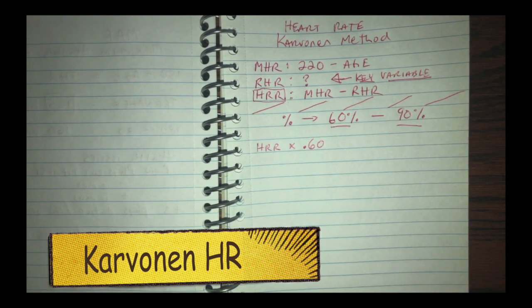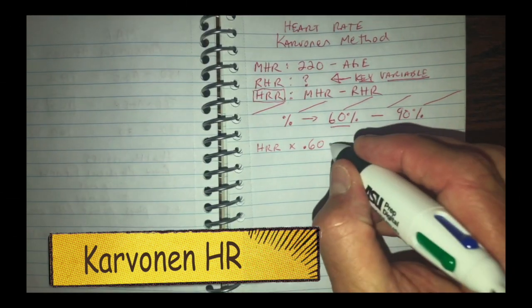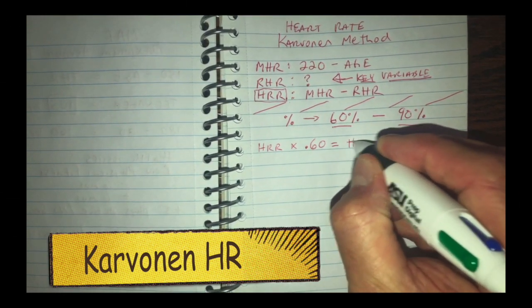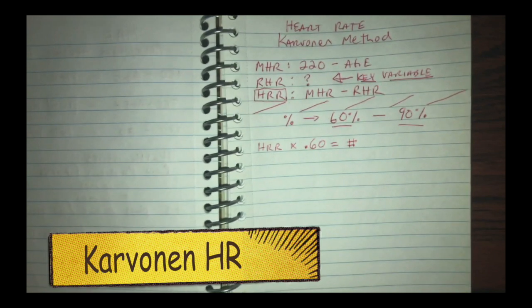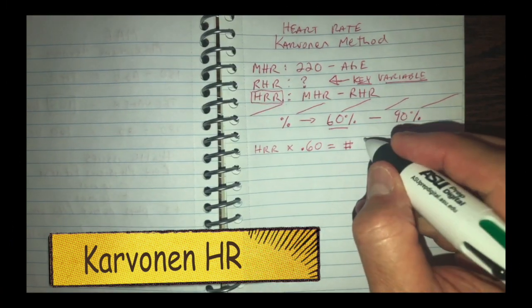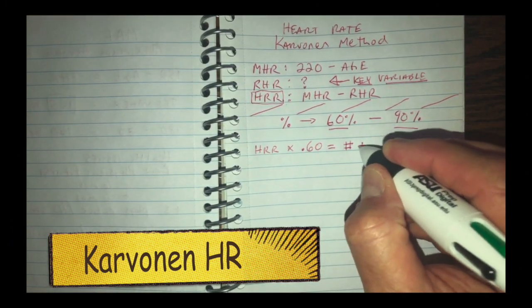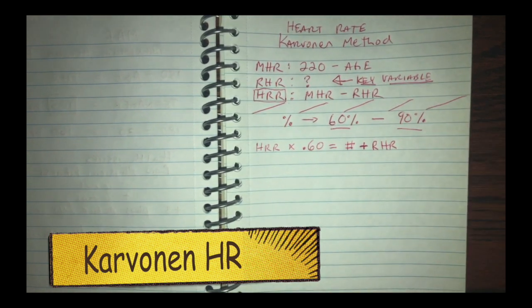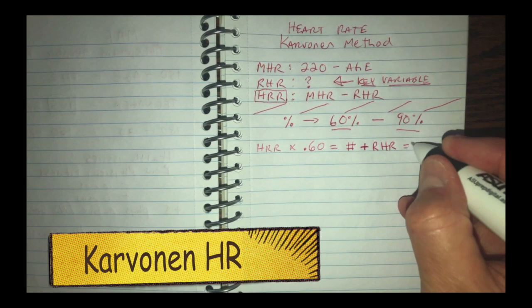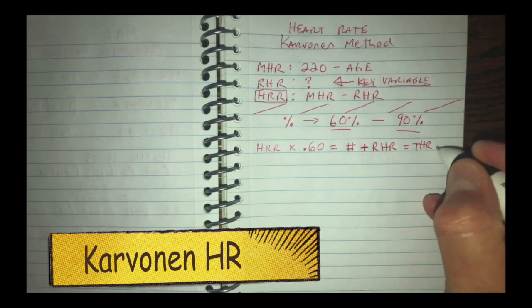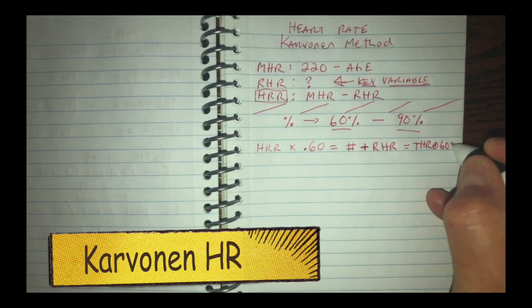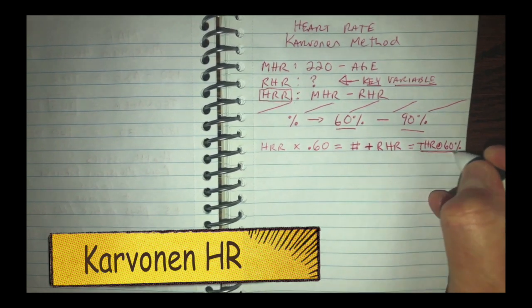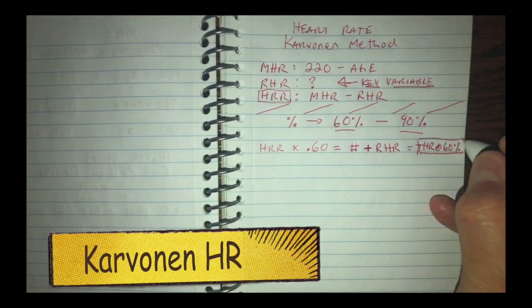It's 60% of a whole number. We will get a number that we don't have a label for, so we'll just put a number sign. And then we are going to add back in, this is so important, our resting heart rate. And then we will get our target heart rate at 60%. So this is our final number for 60%.